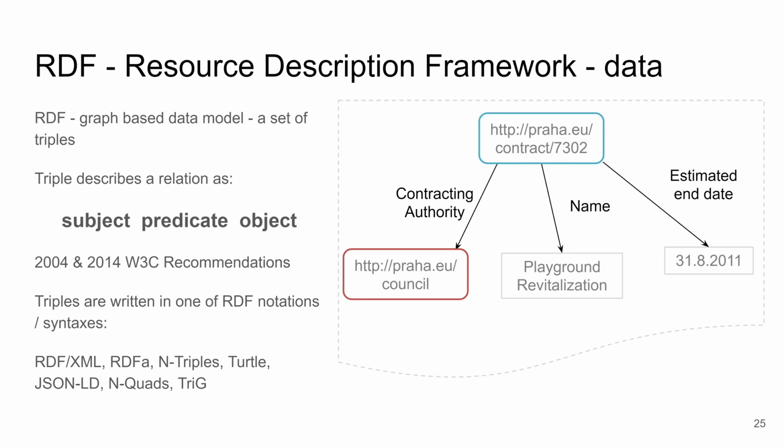But now we have the second and the third triple actually connecting a resource, the public contract, to a trivial simple value, like the playground revitalization, which is a string value, or the estimated end date, which is a date value. These data values are called literals. So we have two types of triples. One connecting two nodes of the graph, two resources identified by IRIs, two things. And the second type connects a thing to a data value called a literal.